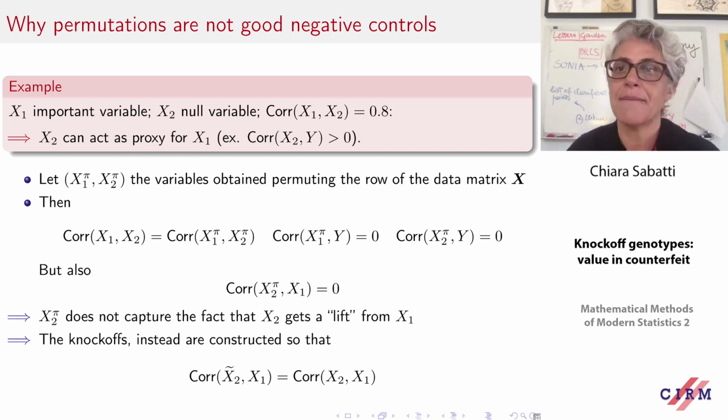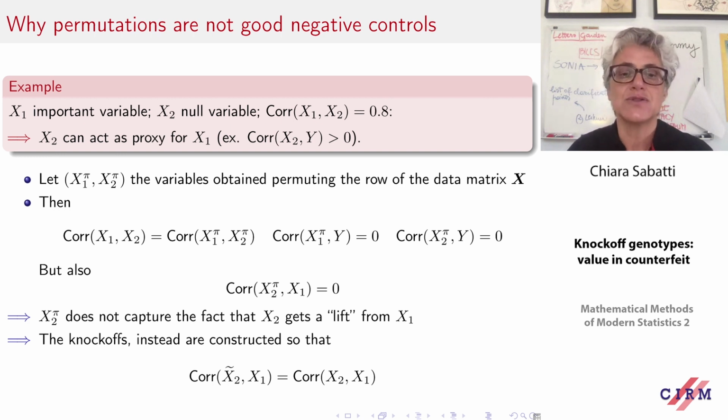Instead, let me explain a little bit why permutations do not provide a good negative control. Say that we have x1, which is an important variable, and x2 is a null variable. However, x1 and x2 are correlated. Now, x2 can act as a proxy for x1. So we expect the correlation between x2 and y to be different from 0.